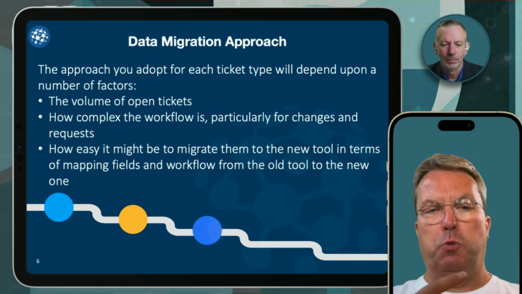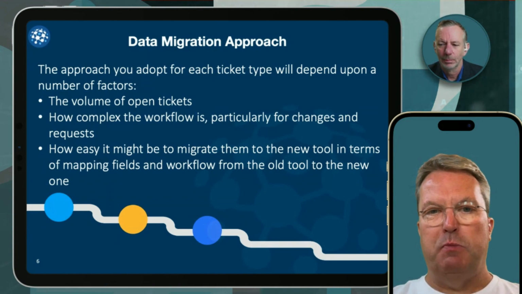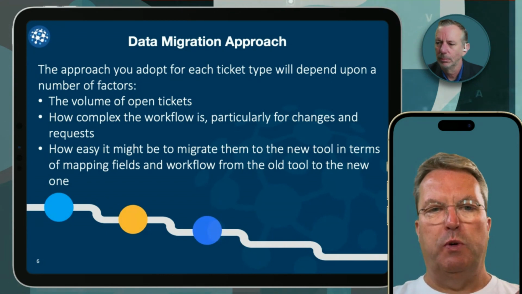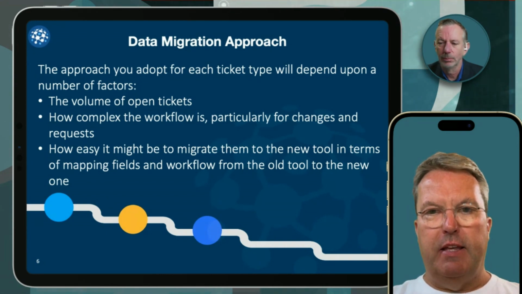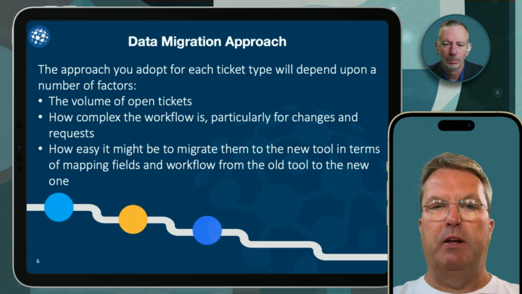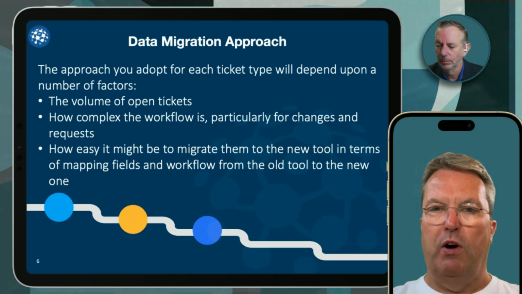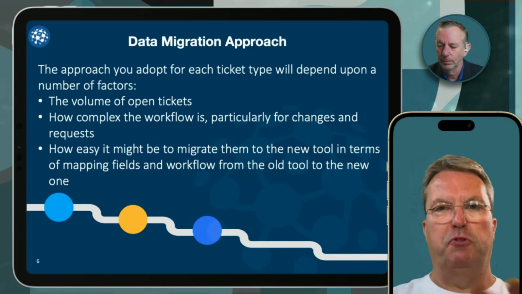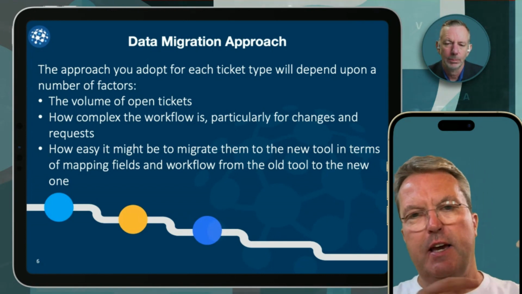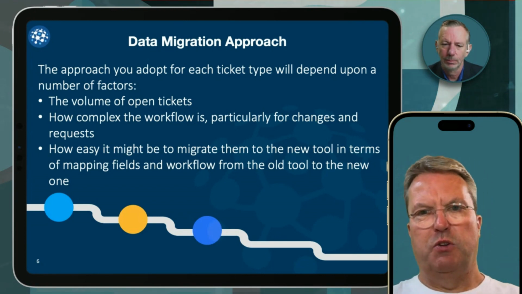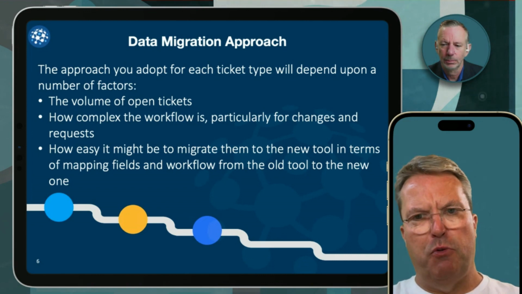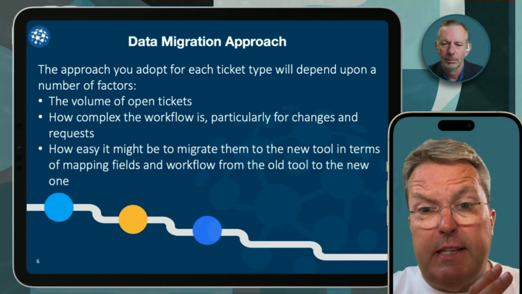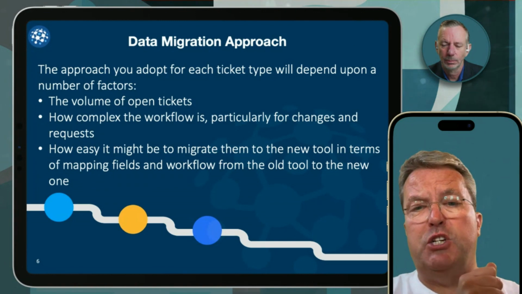So you just want to consider how easy it might be to migrate them to the new tool in terms of mapping the existing fields, but also, as I've said there, the workflow. So what stage in the workflow is it at? The same is true for change management, change tickets. If a change needs to go to a change advisory board type setup for approval, then you're going to need to consider for the change, at which stage is it?